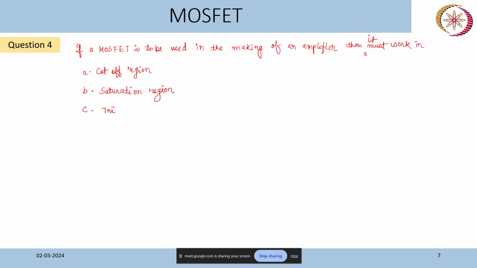C is the triode region. And D is both cutoff and triode region.